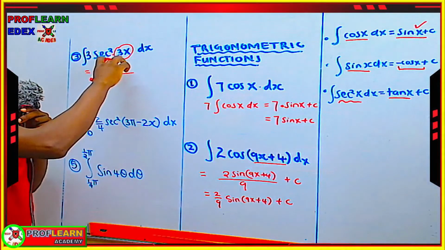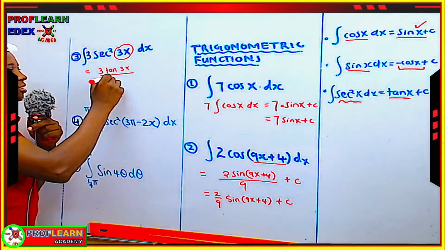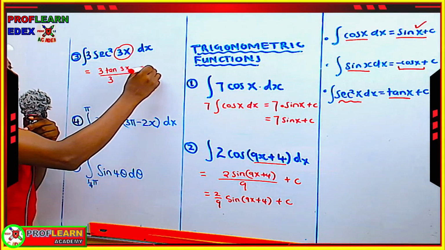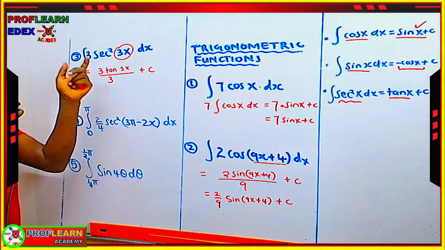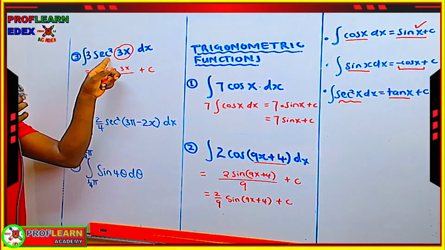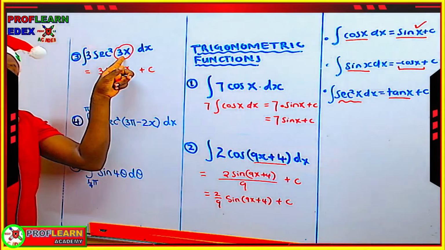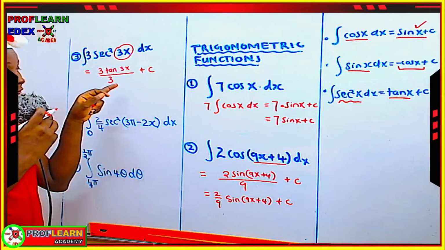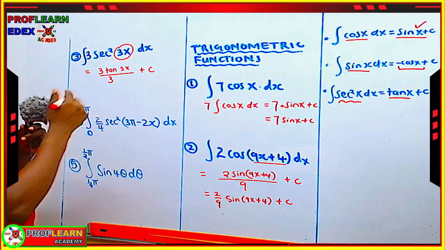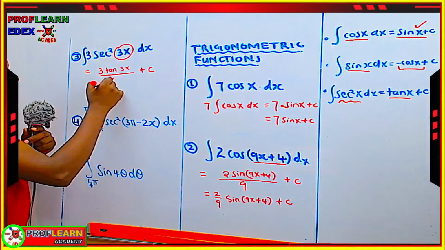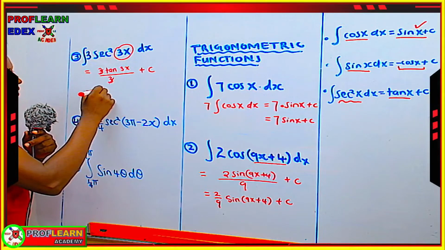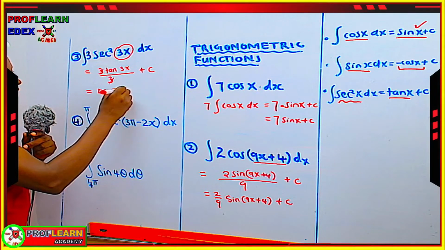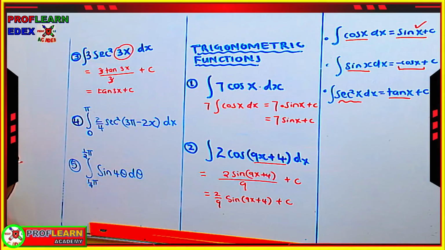So you differentiate 3x, it will give you 3, then you divide by it, then you say plus c. So the moment you integrate this part, you check what you have inside, you differentiate it, then you divide. Finally this and this will cancel out, and we end up having tan 3x plus c.